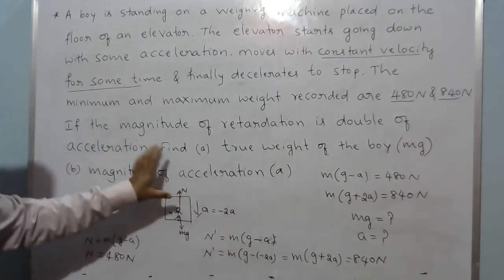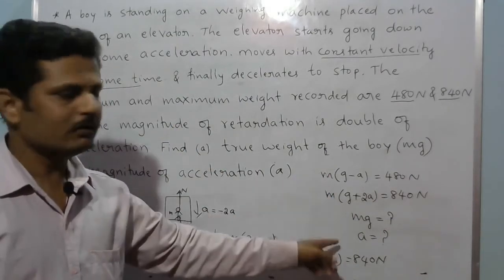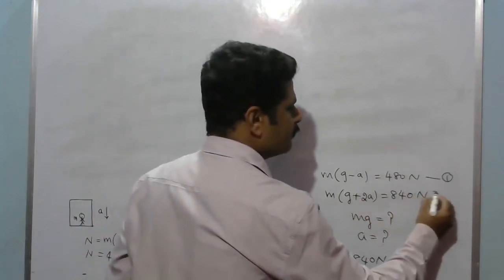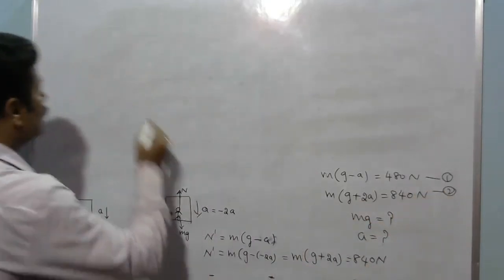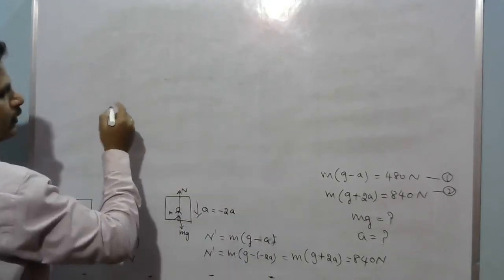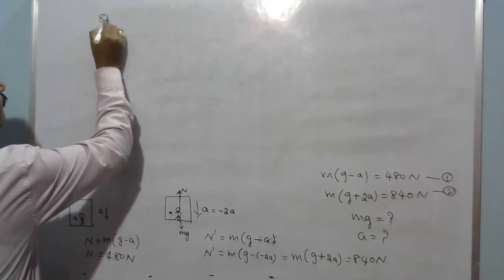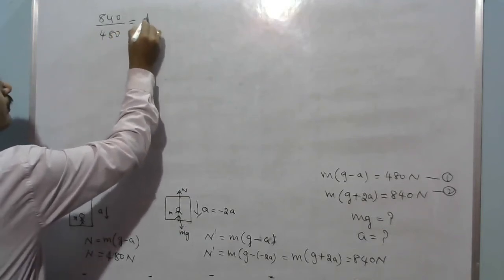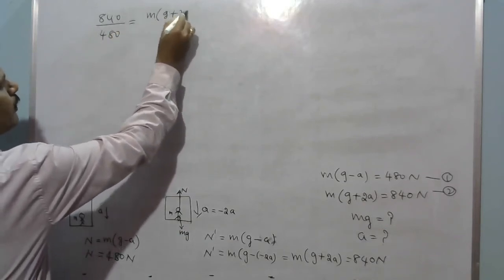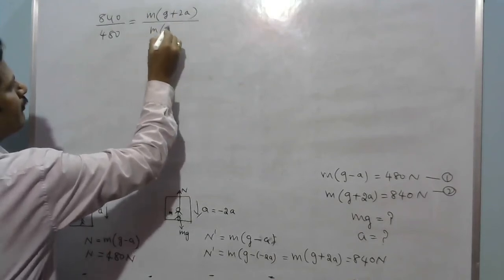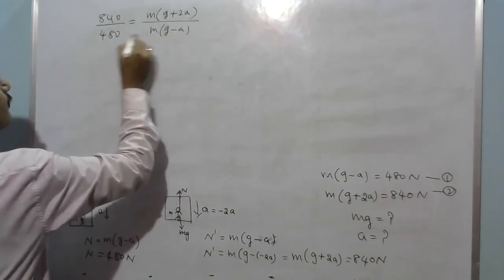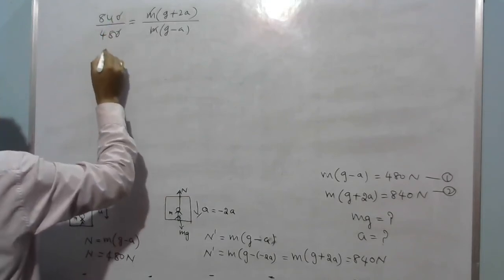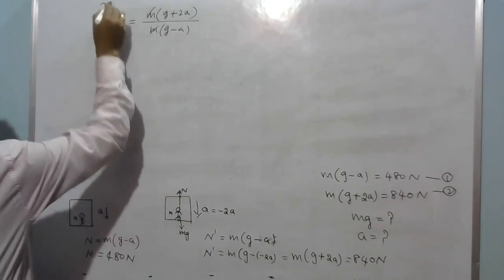Okay. So this question you understood now. So now we can find out the mg and a. Let me consider this is equation number 1 and this is equation number 2. On solving these two, divide 2 by 1. So we will get 840 divided by 480, equal to m of g plus 2a divided by m of g minus a. This m and m get cancelled, the zeros will go, and 12 fours, 12 sevens.